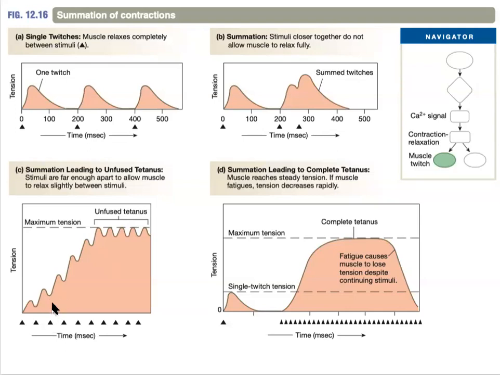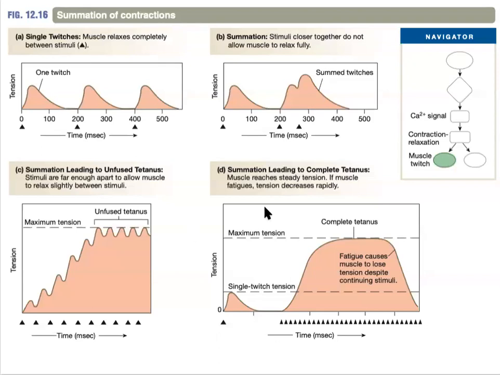And so as a result, the muscle fiber has a bit of time to relax partially before the next stimulus arrives. Okay, so tension is able to be accumulated through summation, but you can see there is this unfused tetanus at the maximal tension state.